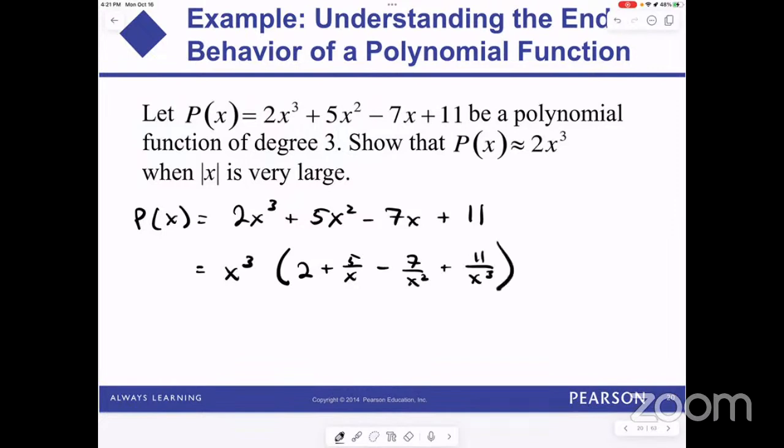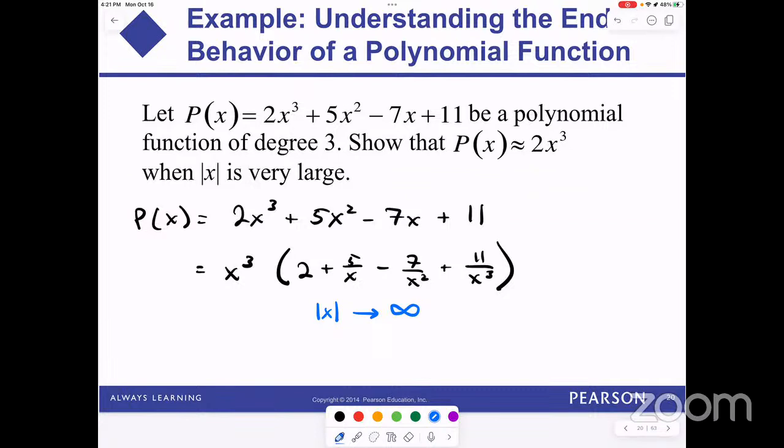And then if we consider this as the absolute value of x tends to positive infinity, what happens to these terms, right? If we think about 5 divided by x, like when x is 1, 5 divided by 1, you get an answer. 5 divided by 5, you get an answer. 5 divided by 10, divided by 20, divided by 50, divided by 100, divided by 500, right?